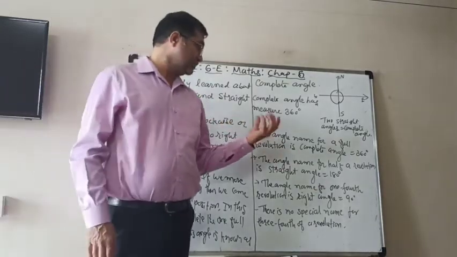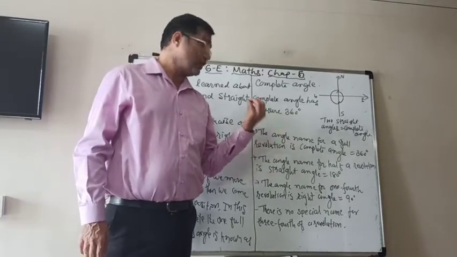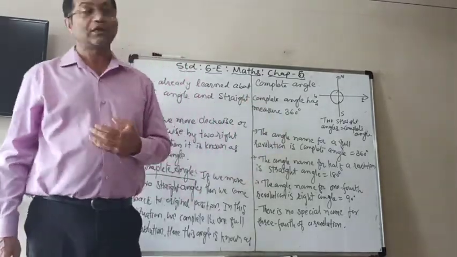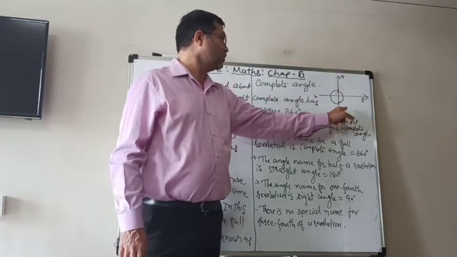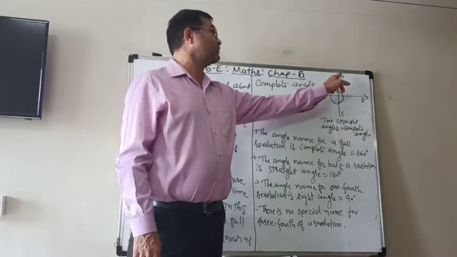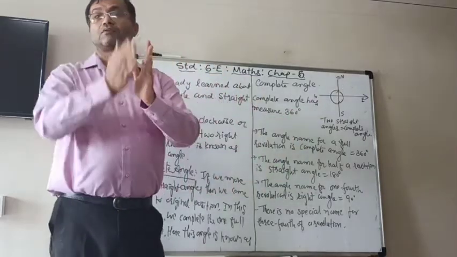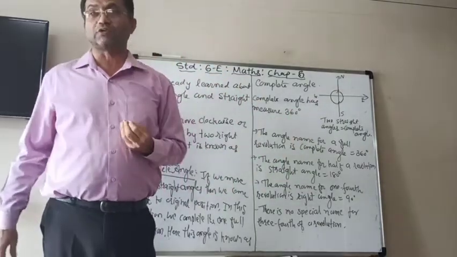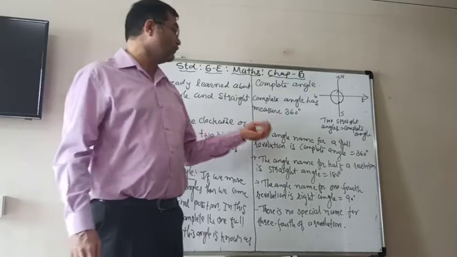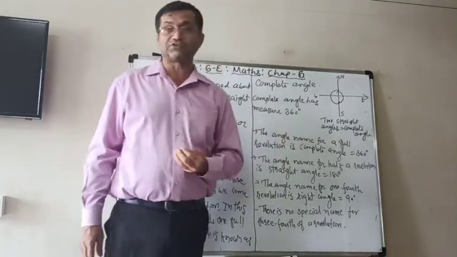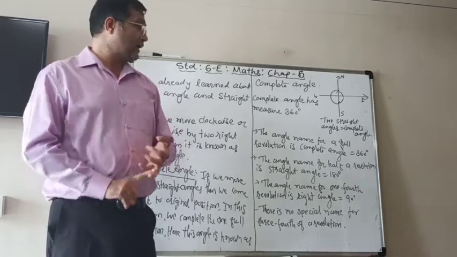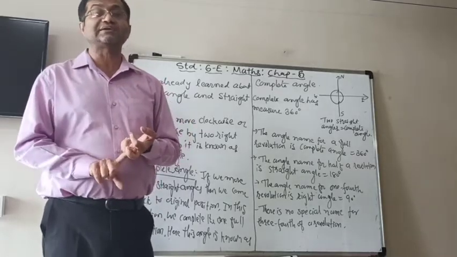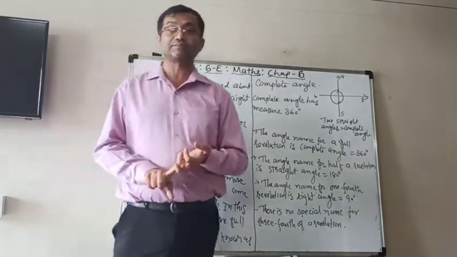Similarly, the angle name for 1/4 of a revolution: 1/4 of a revolution means from north to east, or from east to south, or from south to west, or from west to north. Only the fourth part of the full revolution is known as 1/4 of a revolution, and that is known as a right angle, and the measure of that angle is 90 degrees.